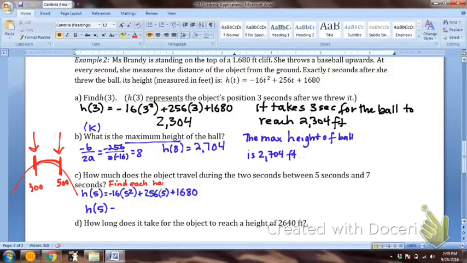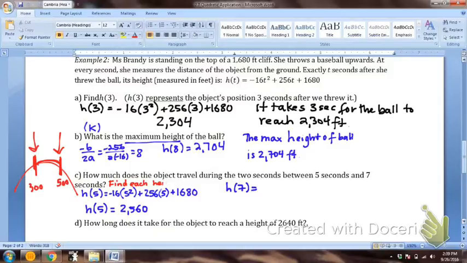Lainey, what'd you get for your h of 5? 2,560. Emily, do you echo that h of 5, 2,560? Good. Okay, finish up your h of 7. Paula, what do you have for h of 7? 3,360?